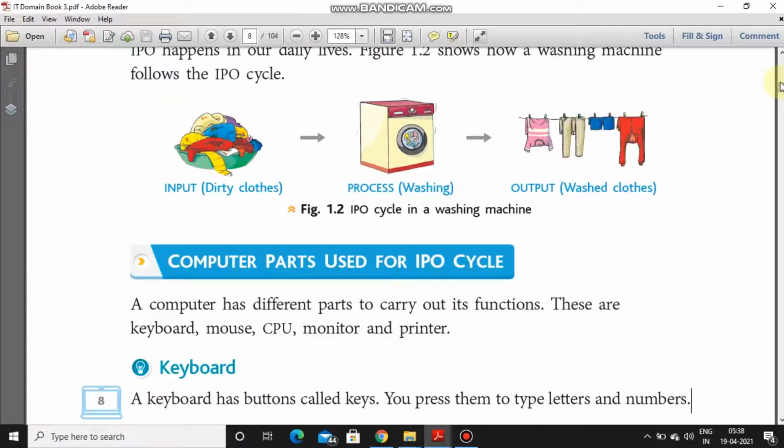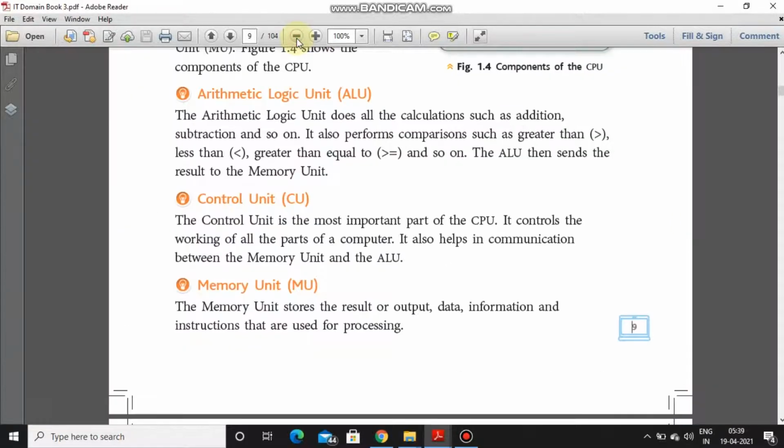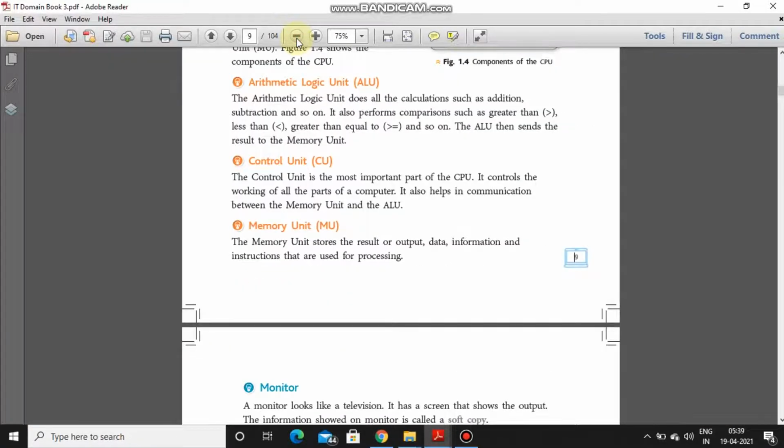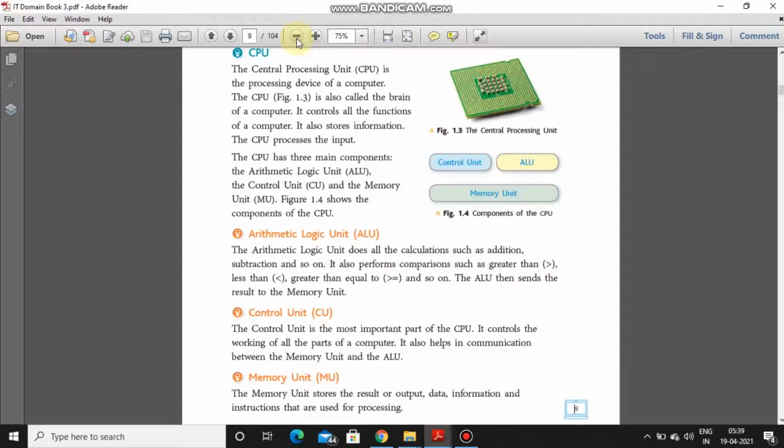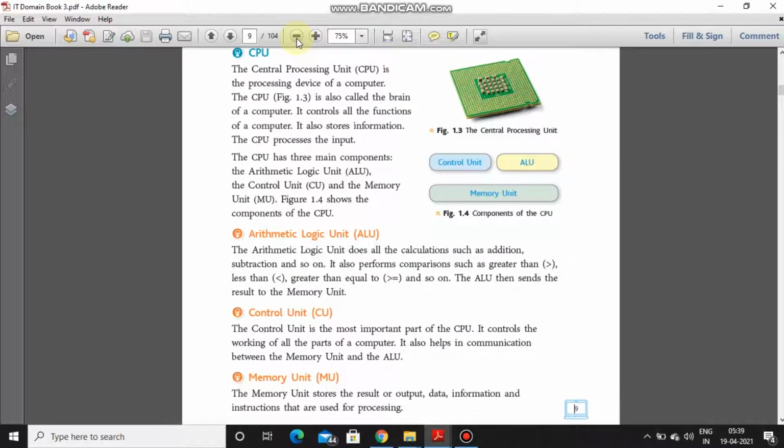Those input devices are the keyboard, mouse, and scanner. Once the input device provides the input to the computer, the next process starts, that is processing.